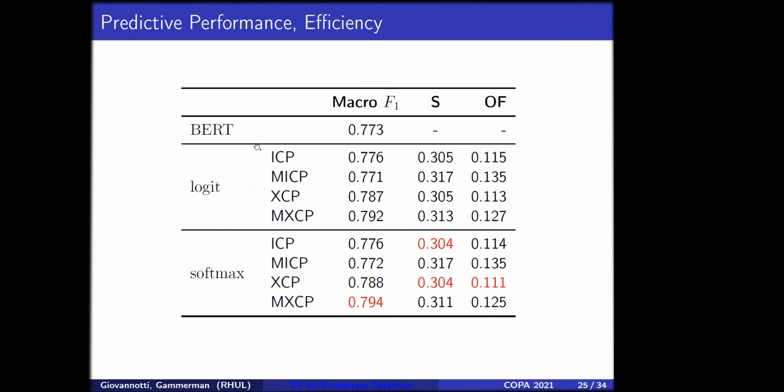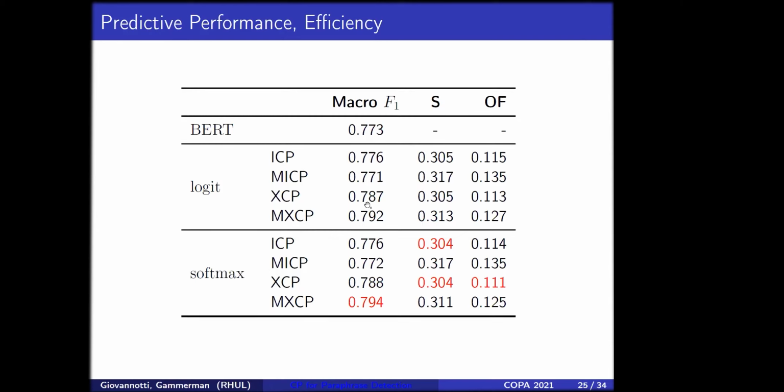Let's have a look at the predictive performance. In the first column of this table, we are looking at the macro F1 score, so that's the predictive accuracy. The original BERT model, trained on 100% of the training set, scores 77. First of all, we can see that all our models perform basically the same as BERT.